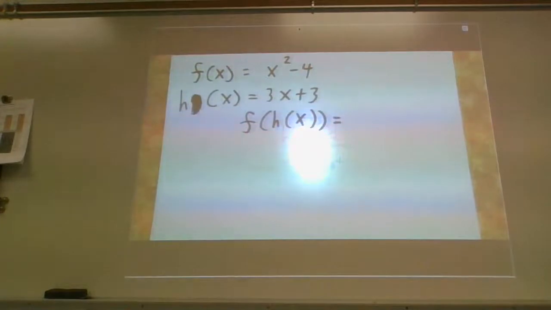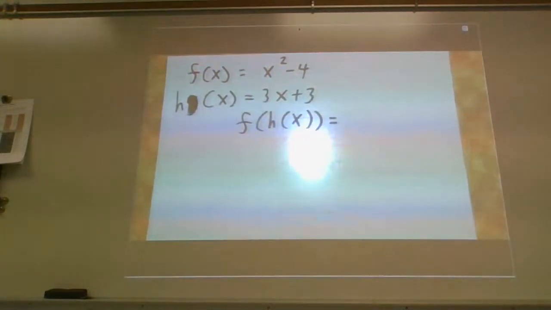Now, for this problem, it does get a little trickier in terms of simplifying this thing down, simply because there is an exponent that is involved with plugging this in. Well, in that particular order, they want f of h.